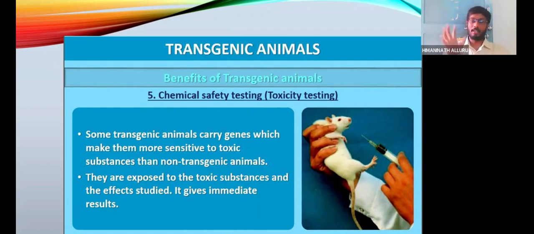When an allergic reaction happens, you can see a lot of swellings on the body. Sometimes they actually go blind when some chemicals are there. The transgenic animal goes blind. They become infertile. There are various impacts on the bodies of those transgenic animals when this kind of test is done.